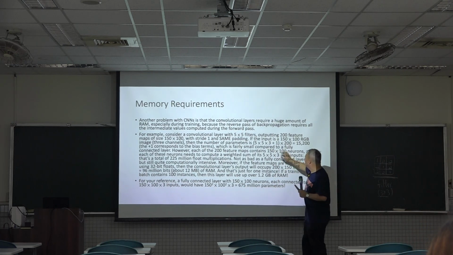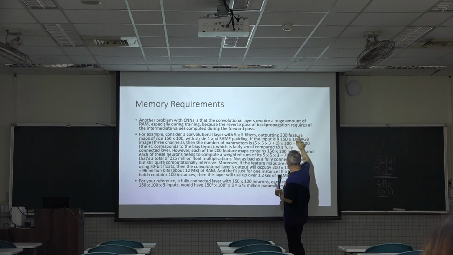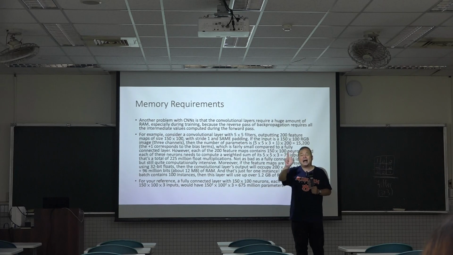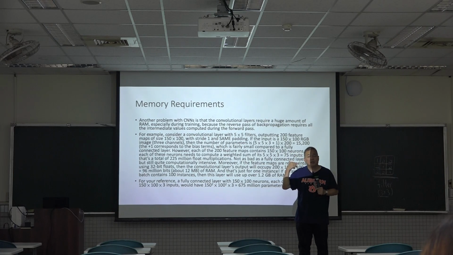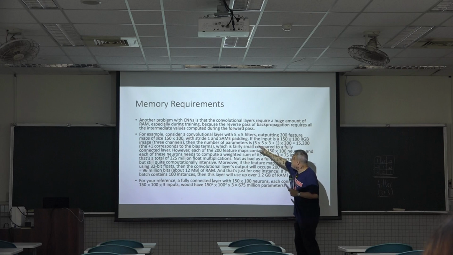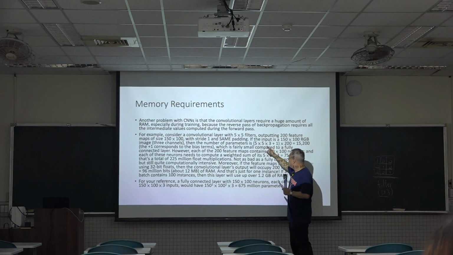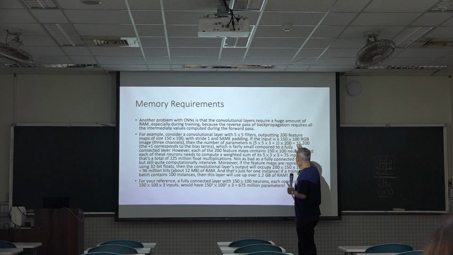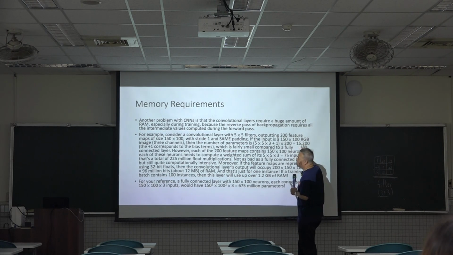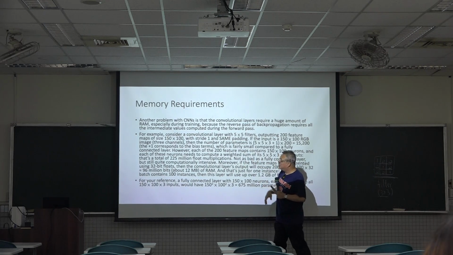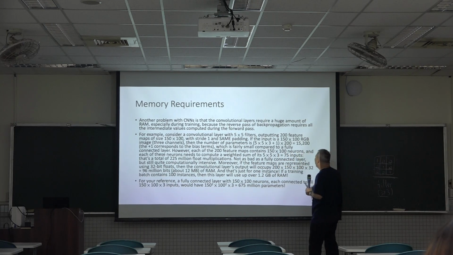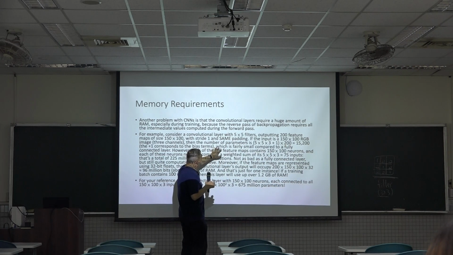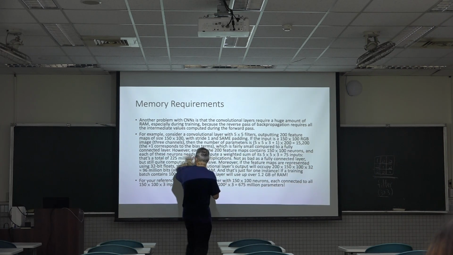And remember we have 200 feature maps, which means we have 200 of such filters. Each filter has this many parameters, so we multiply this by 200. So we have 15,200 parameters, which is very small compared to a fully connected layer.